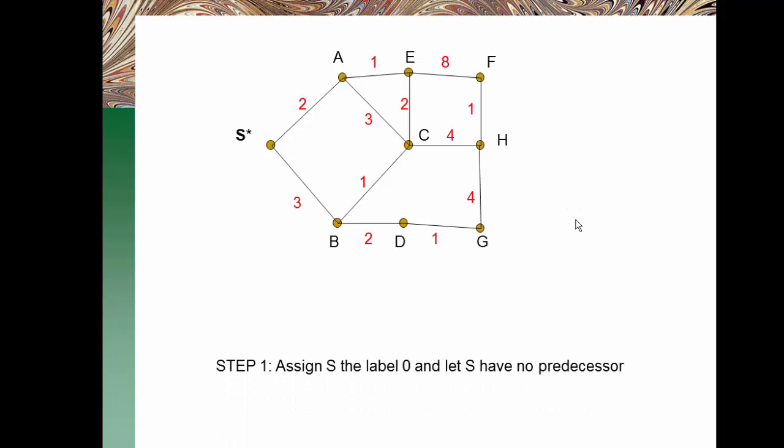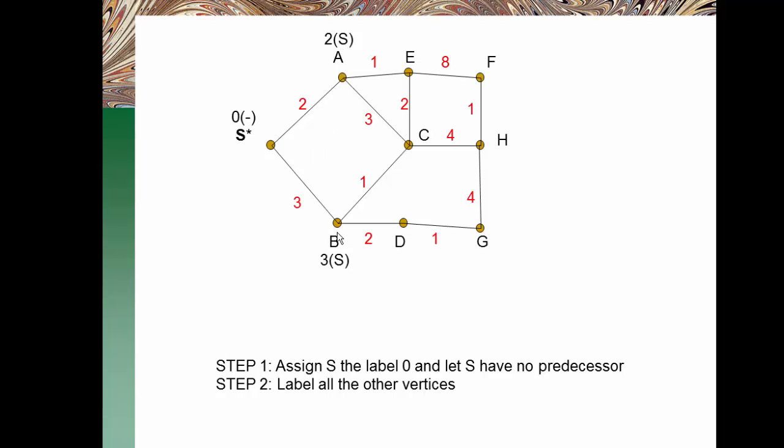Here's how the algorithm works. Step number 1, we assign the starting vertex the label 0 and no predecessor. Here we put 0 and in parentheses dash, meaning that there is no predecessor. Step number 2, label all the other vertices as follows. The adjacent vertices are labeled with the distance from vertex S. A is adjacent to S, A then is labeled 2 and in parentheses S, meaning S is the predecessor.